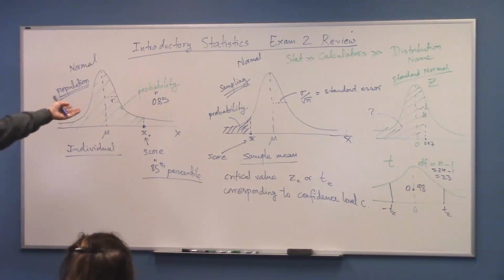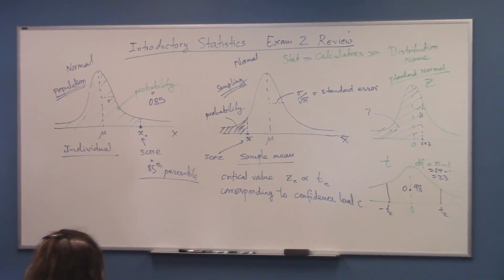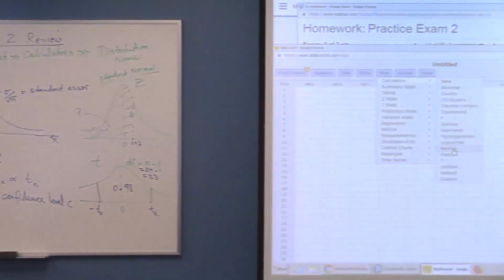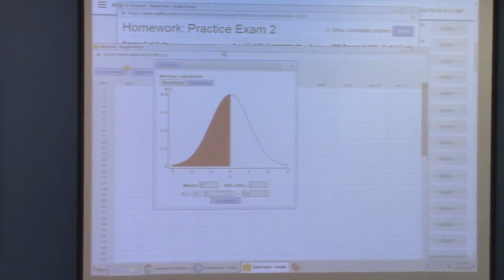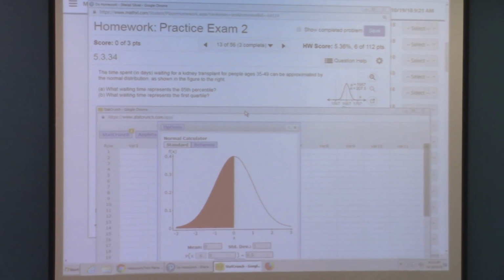So again, same computation, right? So since it's a normal distribution, now we need to go to stat calculators, normal. And this one is not standard normal, right? Remember, standard normal is mean 0, standard deviation 1. So here we have a different mean.